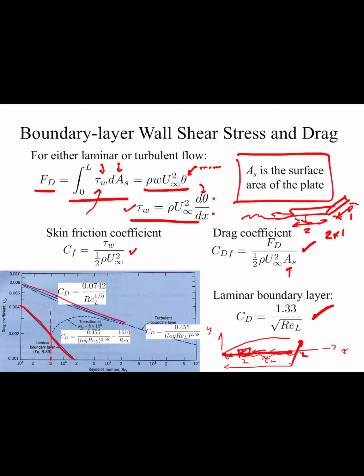For turbulent flows that don't have too high of a Reynolds number, we can use this value, which will be valid from about 5 times 10 to the 5th to about 10 to the 9th. But if you want to include the high Reynolds numbers that we have, we need another form.